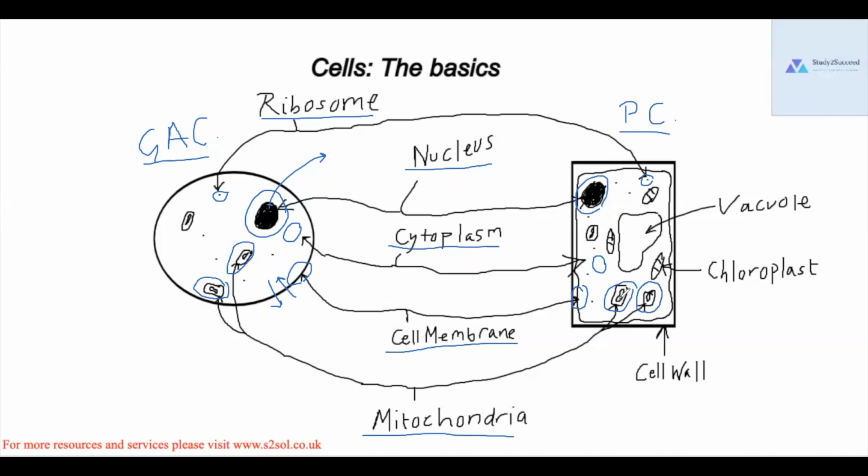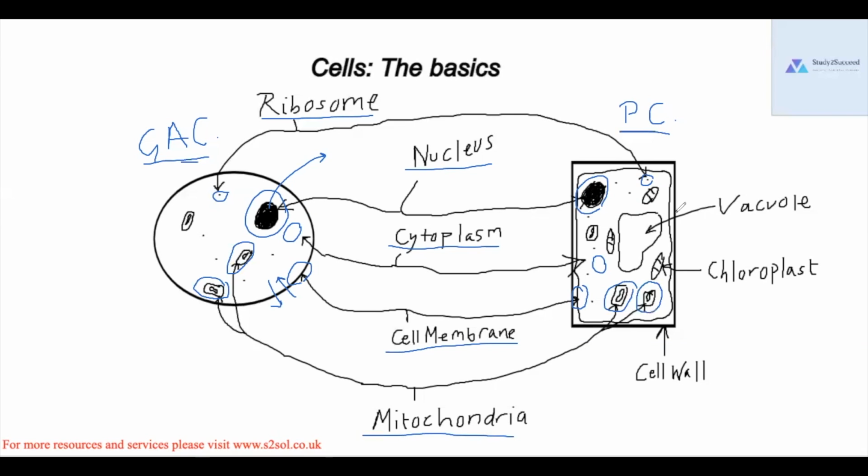And the process that the mitochondria are responsible for is the process of cellular respiration. So the process of providing the cell with energy from the substances that the cell might intake. So these are the structures that are found in both a generic animal cell and in plant cells.